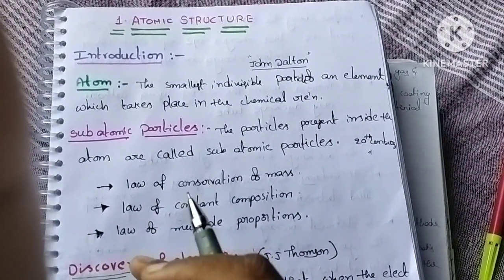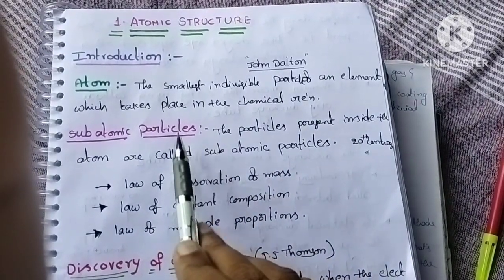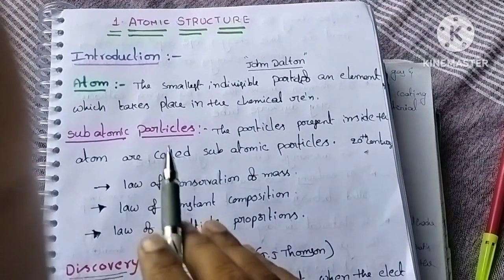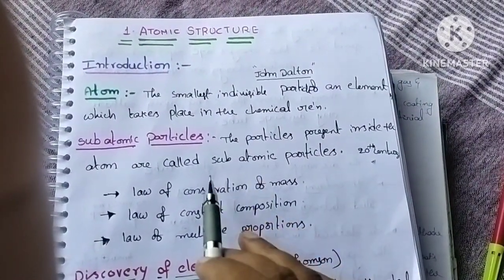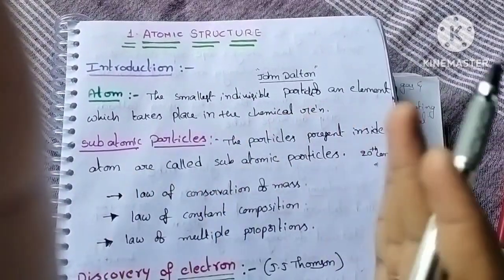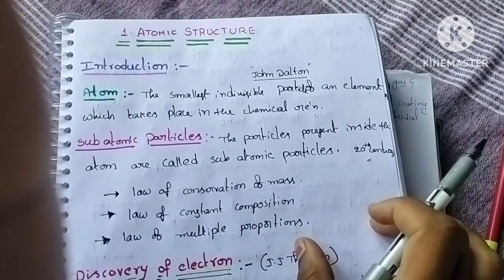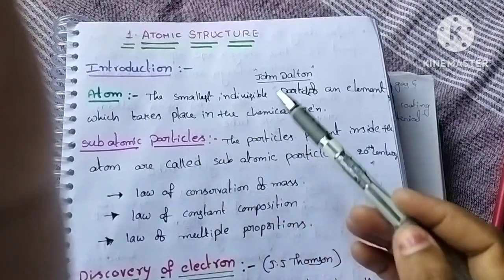These particles are called subatomic particles. Due to the presence of these subatomic particles, different types of atoms are observed, and due to the different types of atoms, different types of matter are observed in the universe. This is the introduction of atom and subatomic particles.